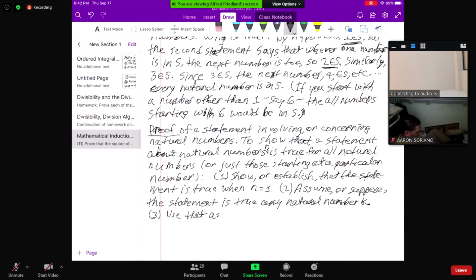3, use that assumption, and again, I'll say a little more about this word assumption. This assumption is called the inductive assumption, or inductive hypothesis.